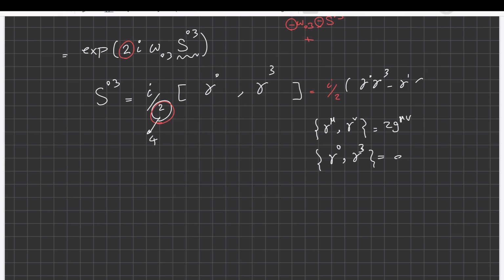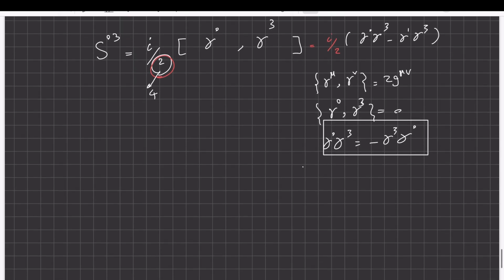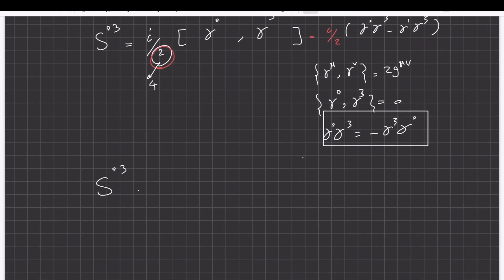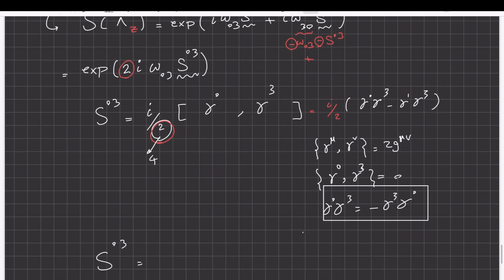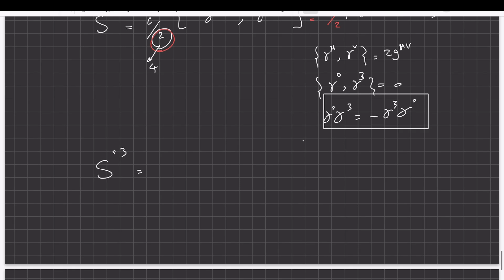So sorry, it was not 1, it's 3, so it's 0, 3. But again, 0, 3 or 0, 1 doesn't really make a difference, but the whole point is that there is this antisymmetric relationship between the order of these gammas. So gamma 0 gamma 3 is equal to minus gamma 3 gamma 0. So now we are just writing down S03 is equal to i over 2.